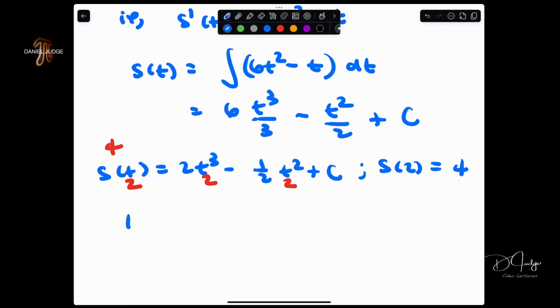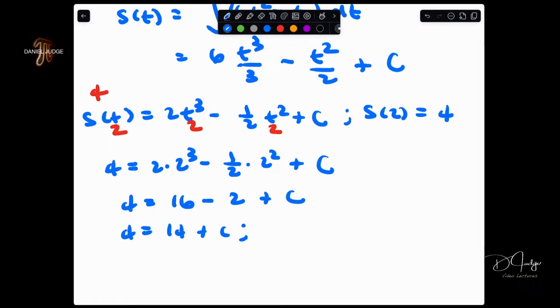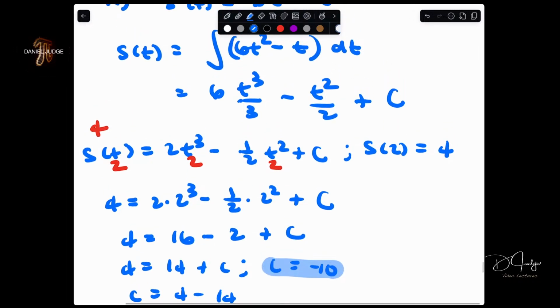So we're finding the constant c here. 4 is 2 times 2 cubed minus 1/2 times 2 squared plus c. 2 cubed is 8, so it looks like that's going to be 16. 1/2 of 4 is 2. So 4 is going to be 14 plus c, or c will be 4 minus 14. C is negative 10, ladies and gentlemen. So there we go, negative 10. So this number here is negative 10.